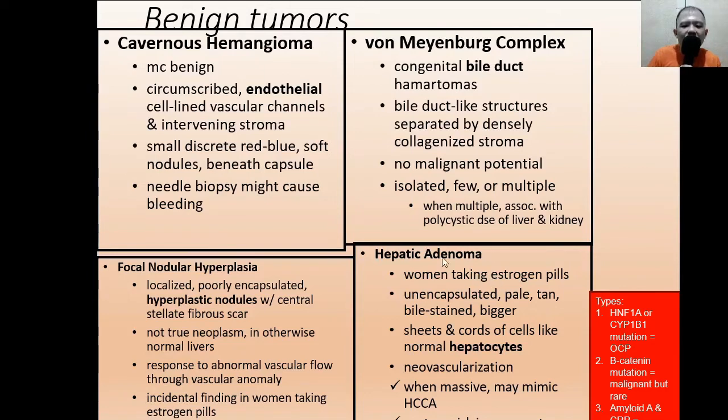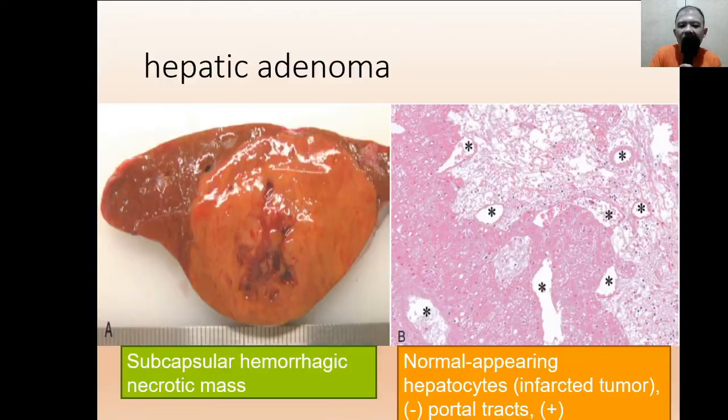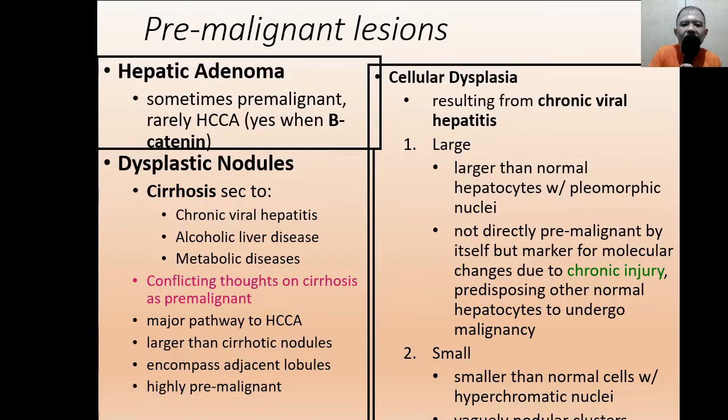This one is the most common tumor that results from the intake of estrogen pills. When the hepatic adenoma is detected with a beta-catenin mutation, it is a pre-malignant lesion. Otherwise, it's not. Then you have dysplastic nodules.